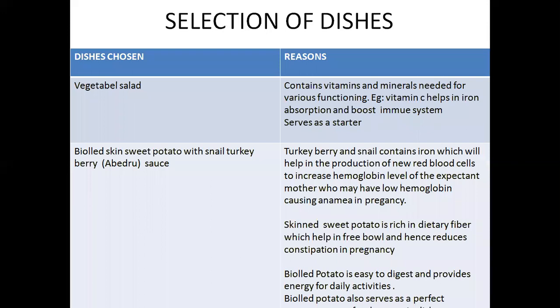Now, I have selected my dishes. What are my reasons for selecting these dishes? So my vegetable salad, which is the starter. Remember, in this question, you were not asked to prepare either breakfast, dinner, 2 course, or 3 course.